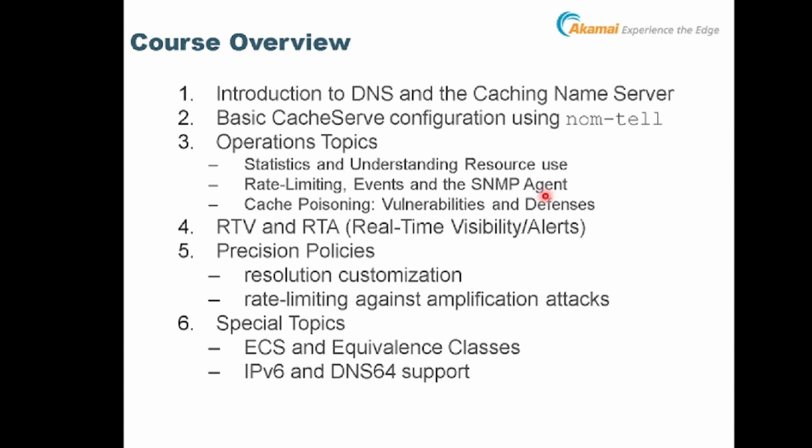And I think you already have it because you know the instructor's IP address. So you can reconfigure that, and then you can send your SNMP traps from CacheServe as well as authserve.